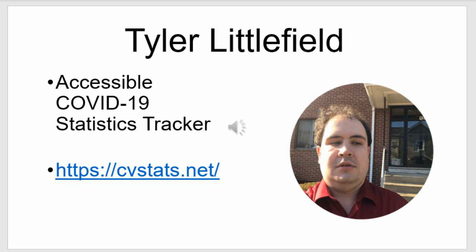Tell me about the accessible COVID-19 statistics tracker. So, when all of this started, I was looking for data that would inform me as to what was going on. A lot of what I found was in graphics. It was showing a graph with a curve.